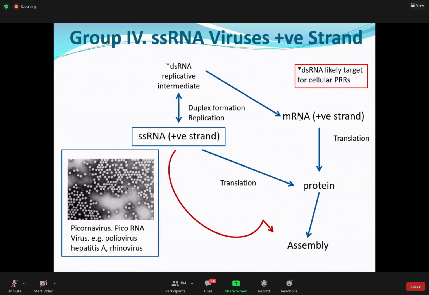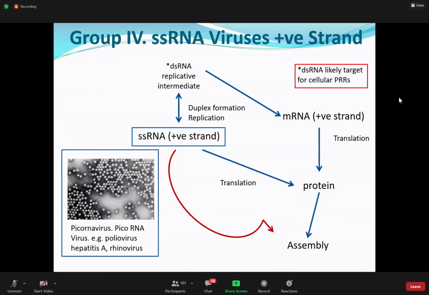Now, if we go to single-stranded viruses, which are positive strand, an example of this is the virus that causes polio, hepatitis A, and also the virus that causes the common cold. So this is one of the largest group of RNA viruses. And remember I said that if it's positive strand, it is essentially messenger RNA.